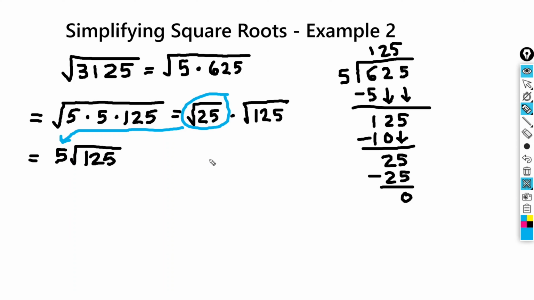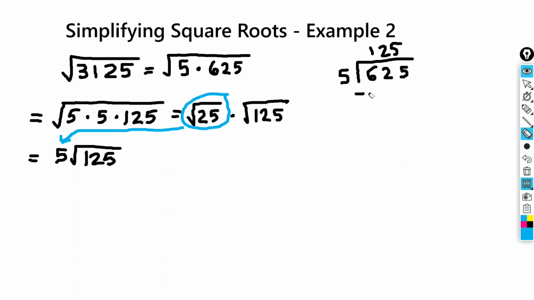Okay, but we can continue to break this down. So let's make some more room. Now let's divide 125 by 5.